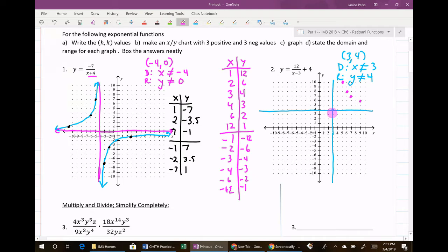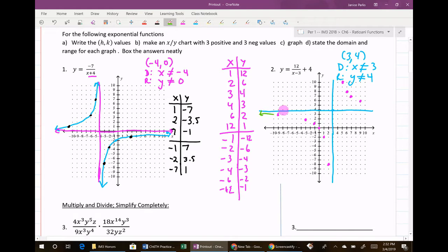On this side, I can go back 12 and down 1, and then 6, 1, 2, 3, 4, 5, 6, and then 1, and then down 12.